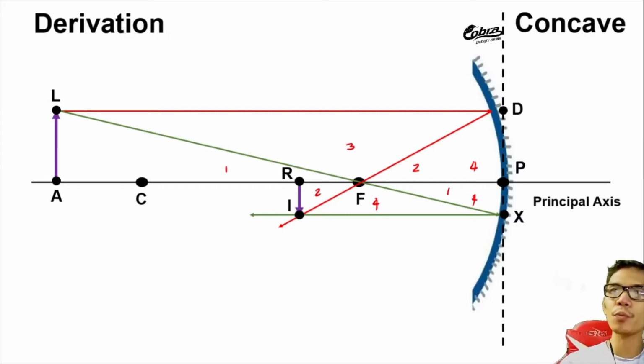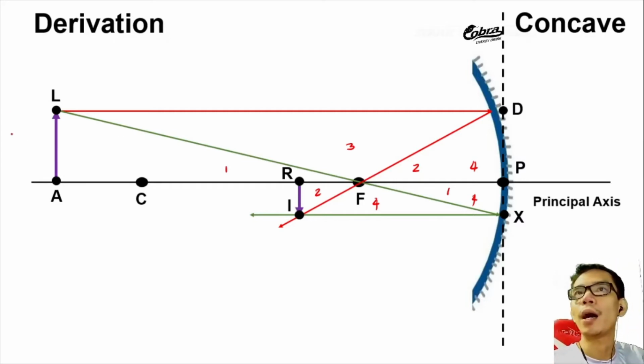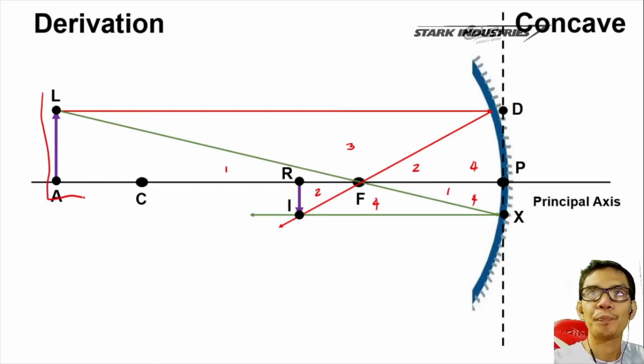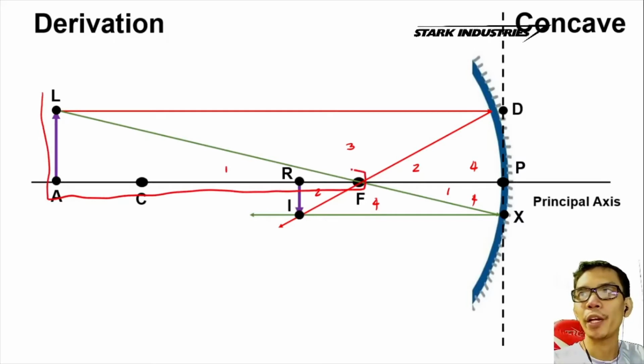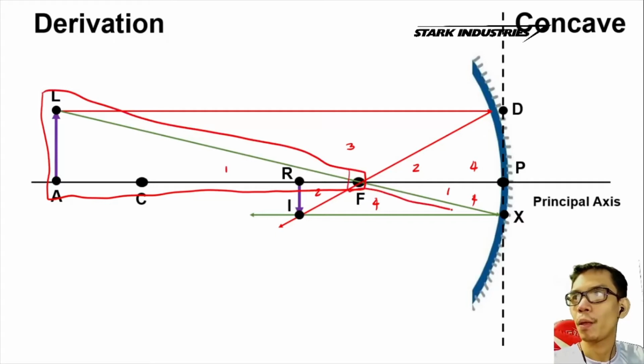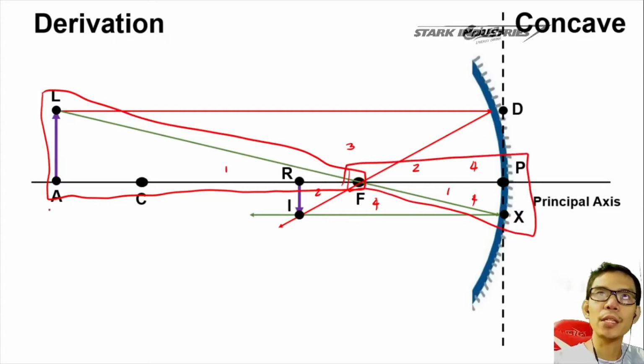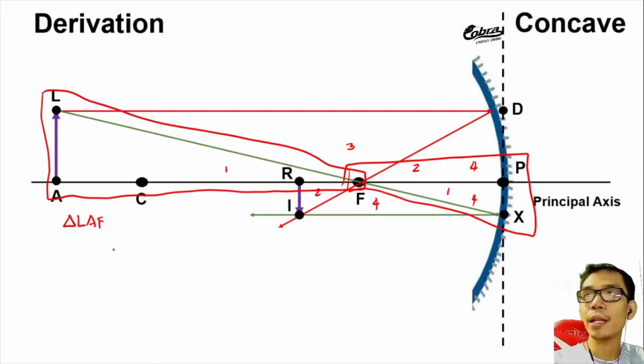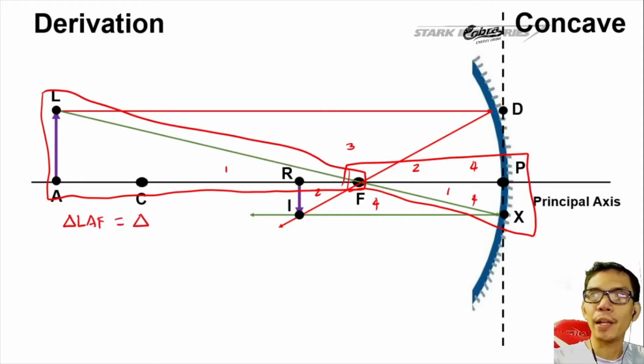In this case, we are going to use this triangle over here and the triangle over there. So that is triangle LAF, and we have triangle XPF.